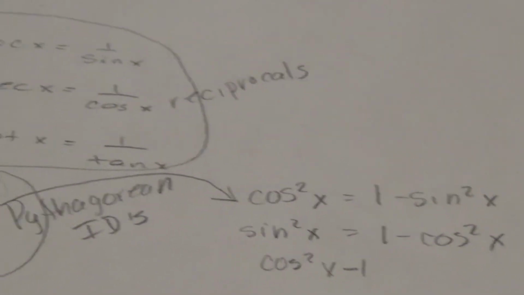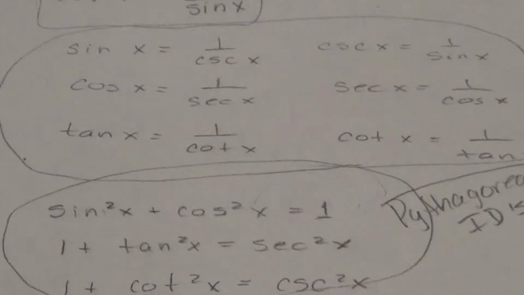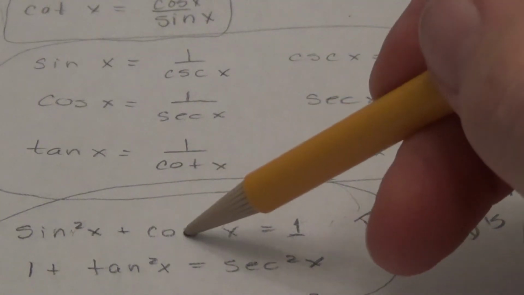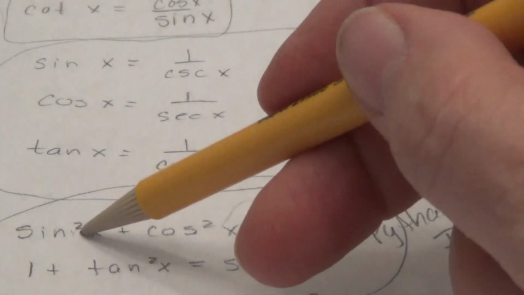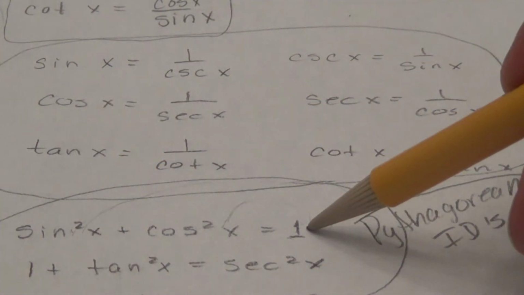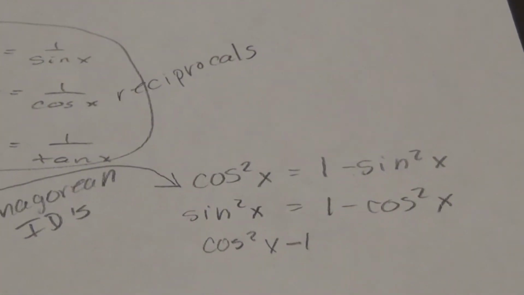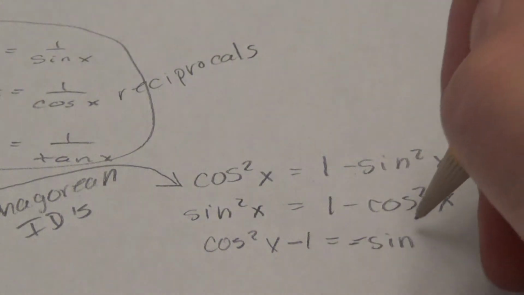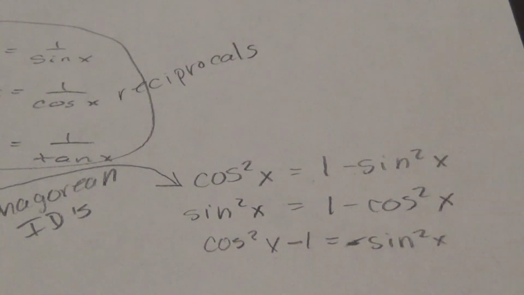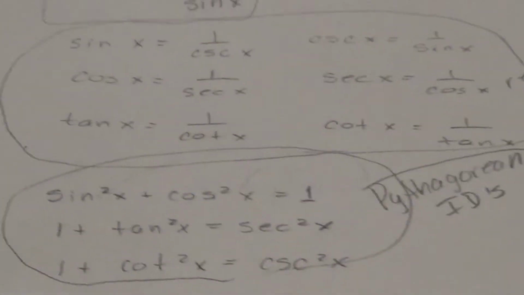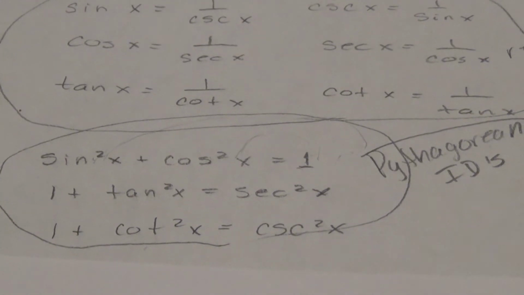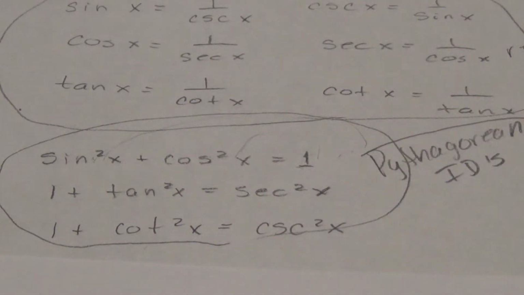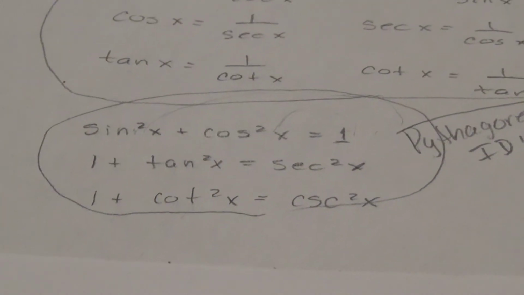So in order to complete that trig ID, cosine squared minus 1 on this side, I move the 1 over, and sine squared would have to come over here. In order to do that, it'll become negative. So this is a minus when I moved it over. There are quite a few renditions of the basic trig function, and so imagine if we took each of those Pythagorean IDs and rearranged them. Those are the kind of things you're going to need to recognize when you're working these problems we're going to start in a minute.